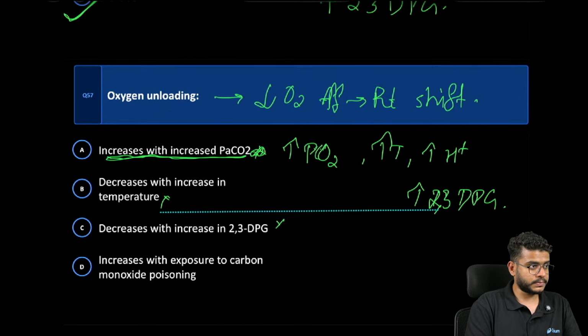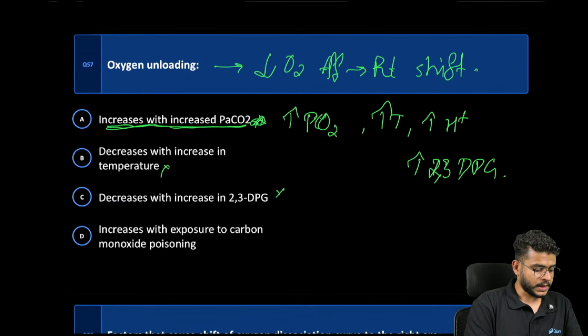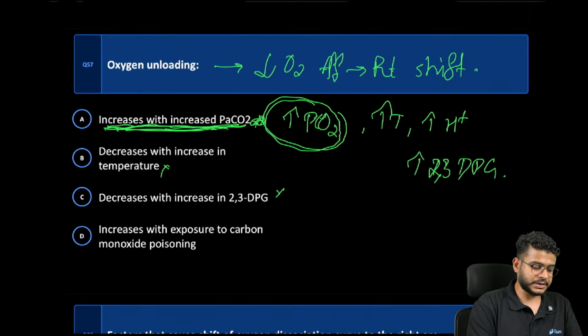DPG. So once again, the first option is increases with the increased carbon dioxide. Yes, that's correct. Unloading, or the right shift, increases with the increase in carbon dioxide concentration. Next is decreases with the increase in temperature.